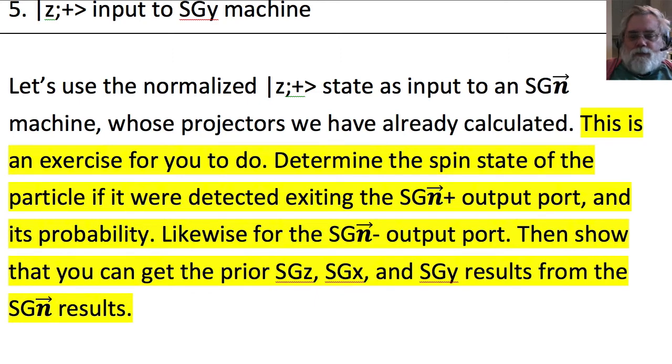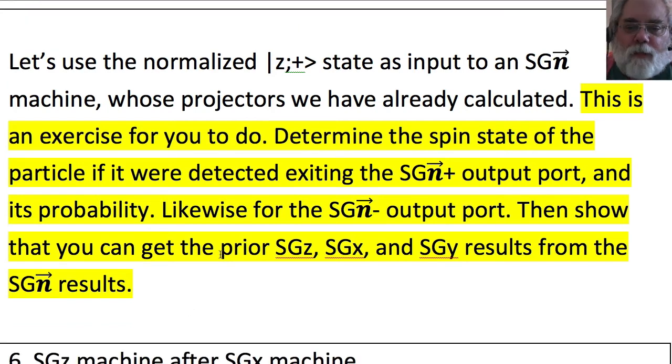And then use different angles to show that from this SGN machine, you can get the prior SGZ, SGX, and SGY results from the SGN results. If you want to check this for yourself, I encourage you to do it. You'll be happy that you understand how to do the math.